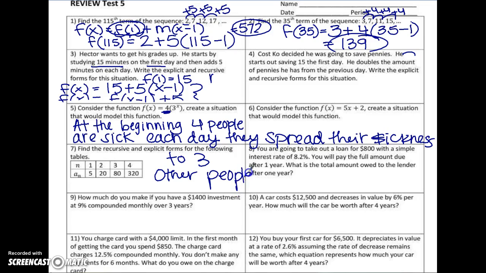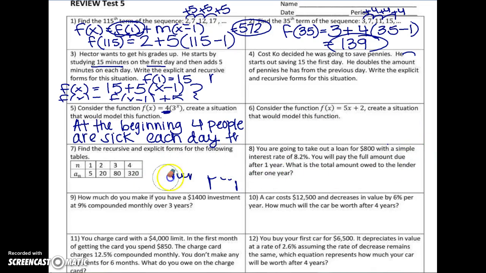So if the sick people are spreading it to 3 other people every day, then that's multiplying by 3. I have to erase this part so I can write these next ones.